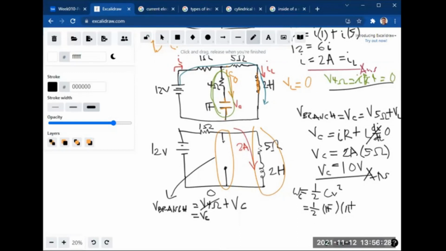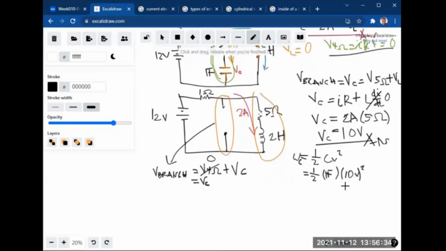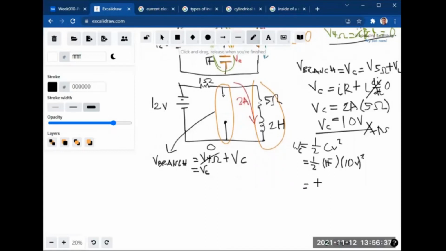So V, 10 volts squared. Okay, so this will become 1/2 times 100. So the energy stored across the capacitor will be 50 joules.